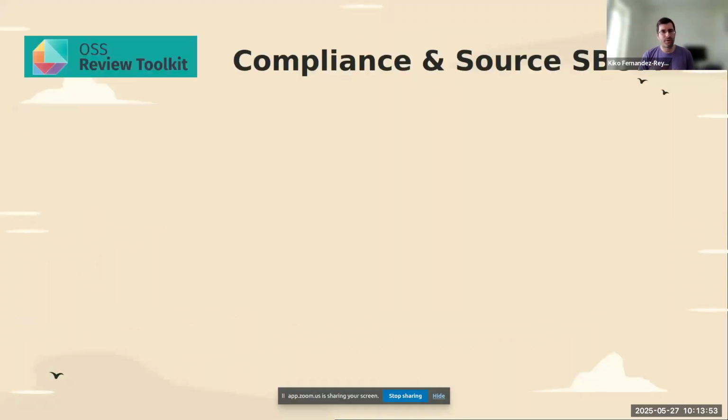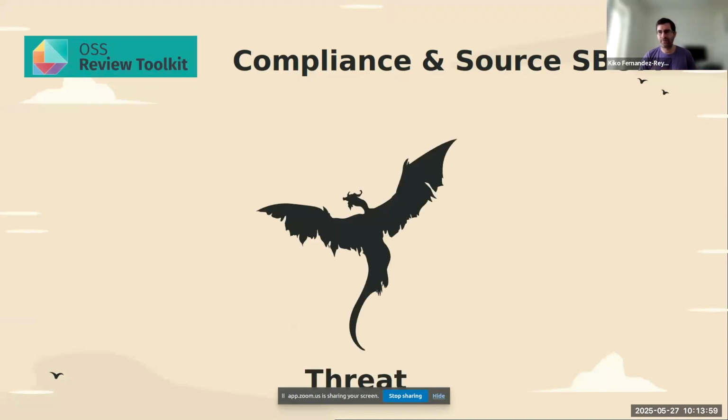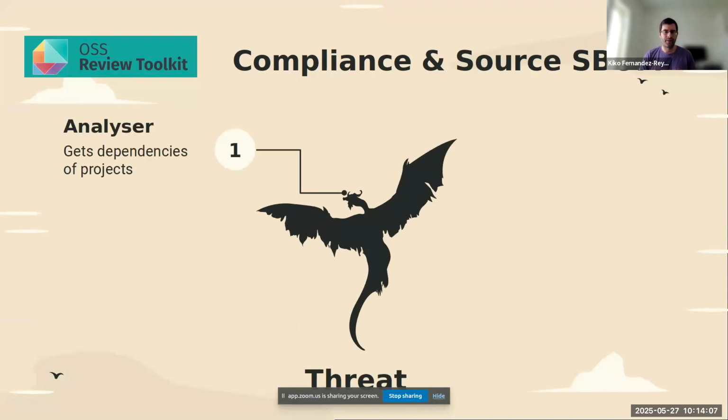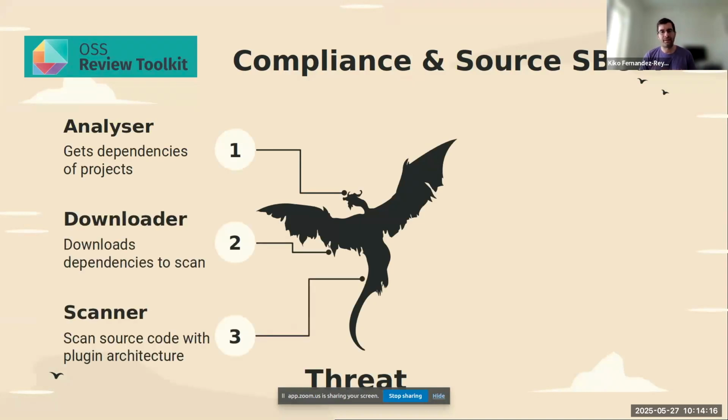We're going to use OS Review Toolkit, and we're going to go through the different phases. So how do we know if we're compliant with the licenses and we do our vulnerability scanning and so on? Well, we need to get the dependencies of the Erlang OTP project. We need to be able to download them so that we can scan the source code, right?